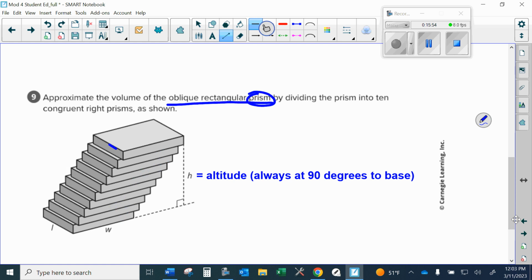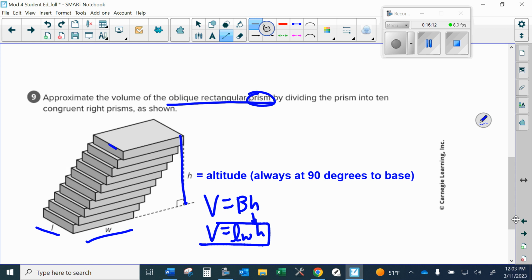So again, remember the volume formula is area of the base times the height. Well, the area of a rectangle is length times width right here, and then there's my height coming down from here. So the volume of a rectangular prism, whether right or oblique, doesn't matter, same answer, same formula: length times width times height.